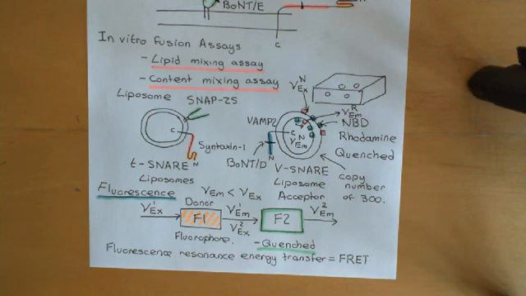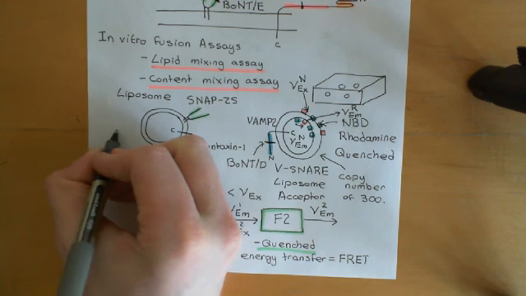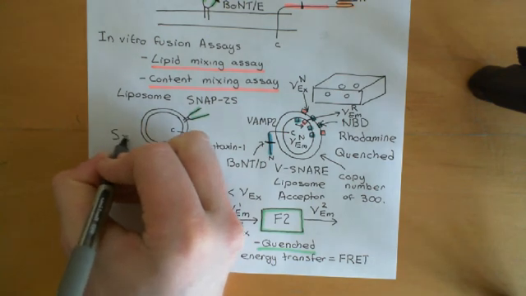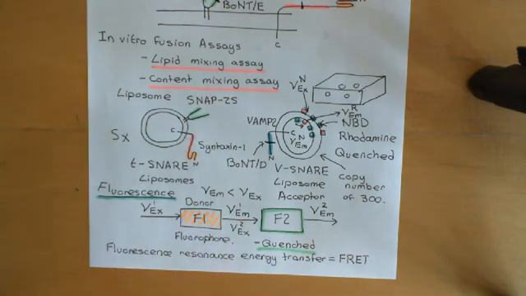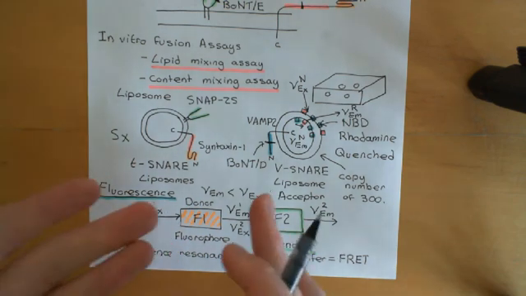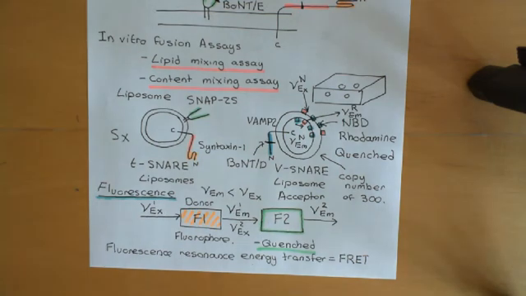signal. Another technicality is that you need 5 times as many T-snare liposomes as V-snare liposomes, again, to get a noticeable signal. Even so, this does work. If you do this assay, you find that the T-snare and V-snare complexes do fuse, and it's much bigger than the snare-independent fusion that you get in the presence of botulinum neurotoxin D. So it does work.